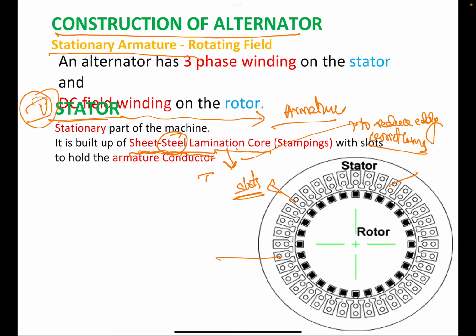As this is cylindrical in shape, the slots are at the inner periphery. For the stator, we always say the slots are at the inner periphery. That word should be specified and highlighted. That's a major thing here. Slots should be made in the inner periphery of the stator to accommodate the winding, similar to DC machines.